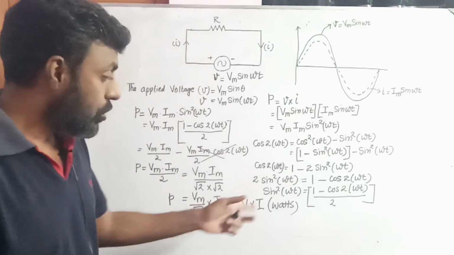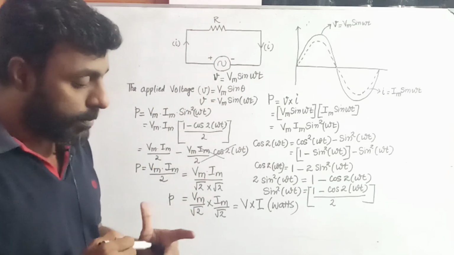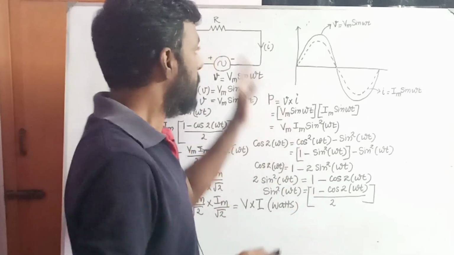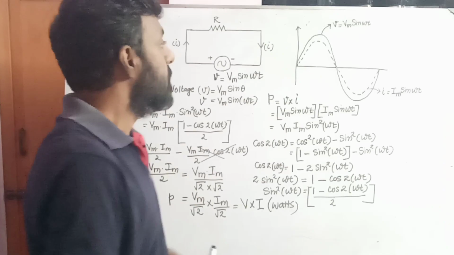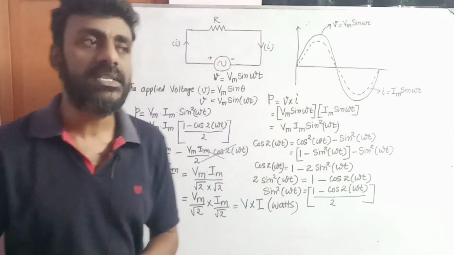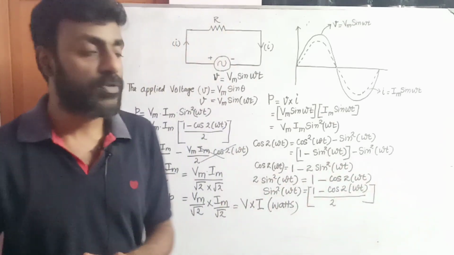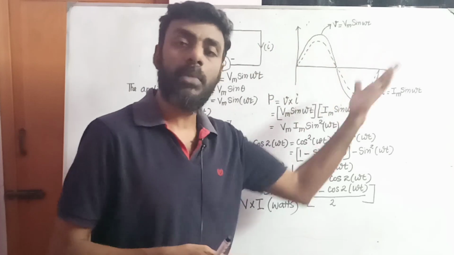So in a purely resistive circuit, the power won't be 0. The power will have a value. Why? Because the instantaneous value of current and the instantaneous value of voltage will either both be negative or both be positive. If both are negative, minus into minus will be plus.